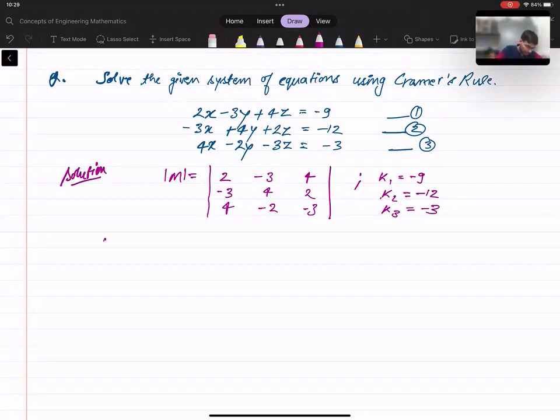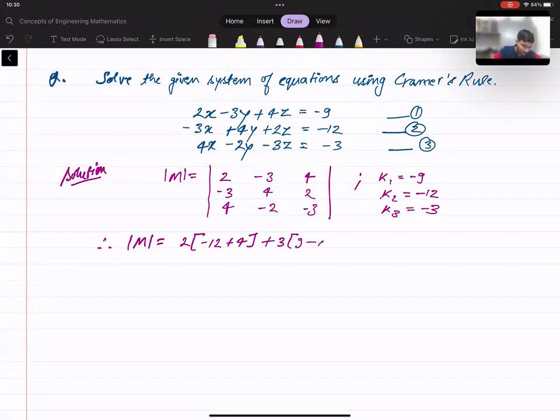Therefore determinant m is given as, let me directly expand it. So this will be 2 and this will be 4 3s are minus 12, minus 2 2s are 4. So this is plus 4. Okay. This will be minus minus plus, 3 into 3 3s are 9. This will be positive, and then 4 2s are 8.